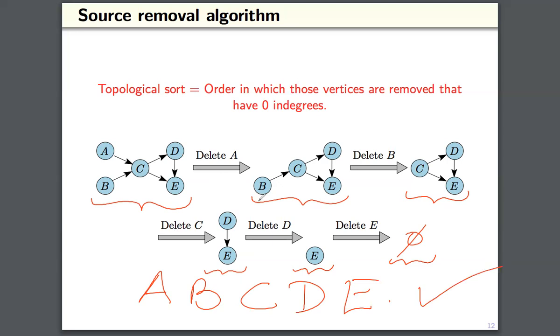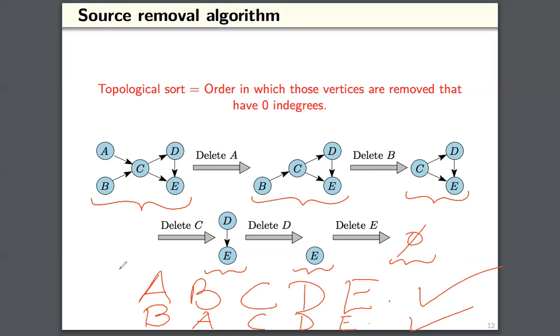You could have deleted B also. If there are multiple vertices that have in degree 0, you can delete any of them arbitrarily. You can break the tie in any way you want, right? I mean, you could have deleted B first, and then A, and then C, D, E. This is another topological sort.